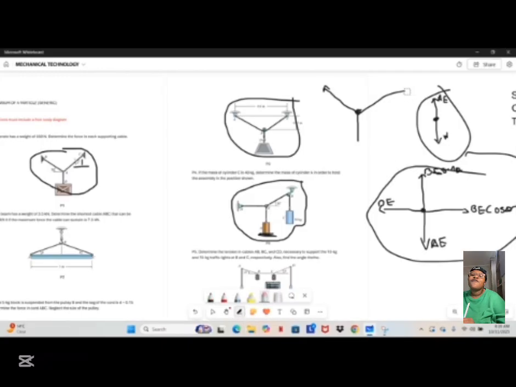So the free body diagram is going to be like this. And always know that a free body diagram is indicated by a dot. It is not a force or a vector diagram. It is a free body diagram. It is indicated by a dot.